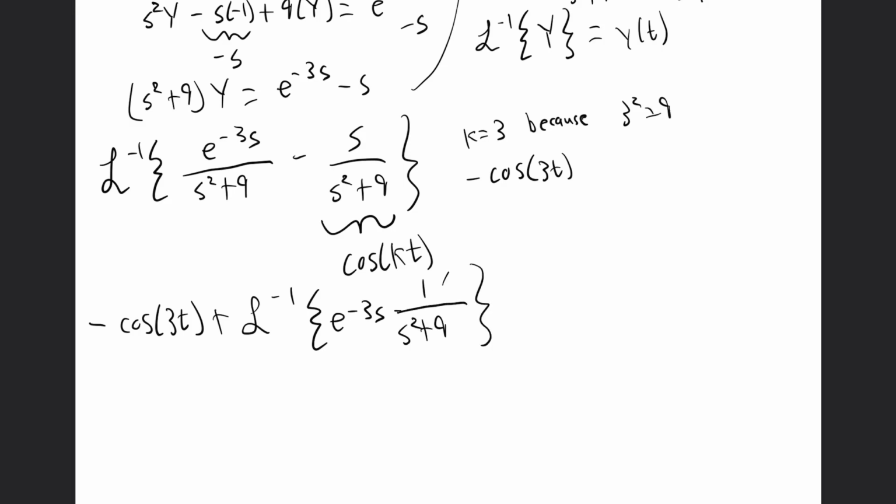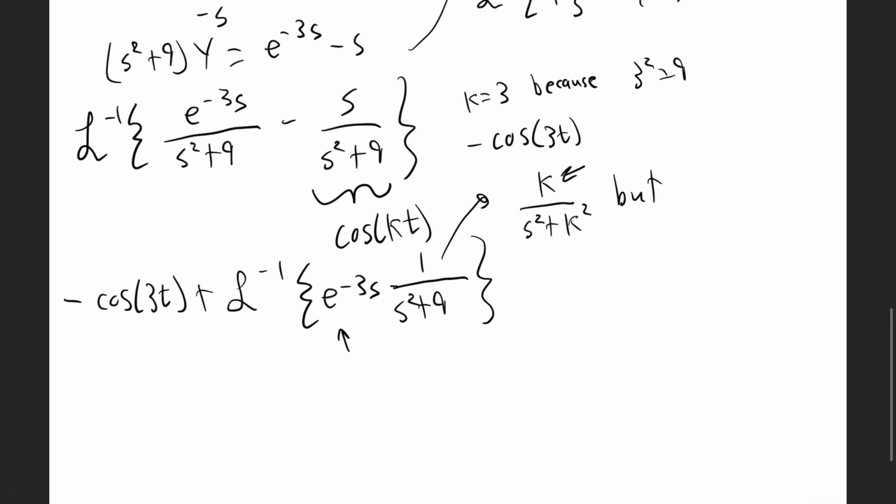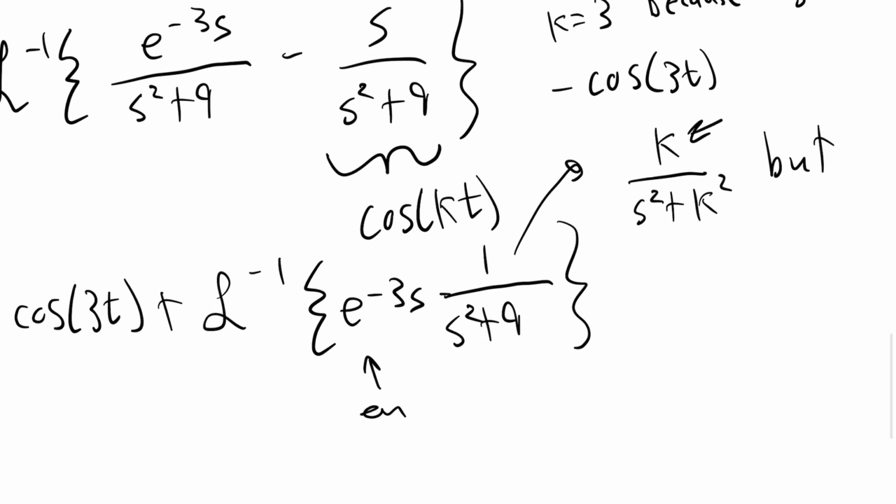And now this form looks like k over s squared plus k squared, but this k up here is wrong. And we also have to account for this part. So let's start off by accounting for this part. We have the e to the negative 3s times this 1 over s squared plus 9.